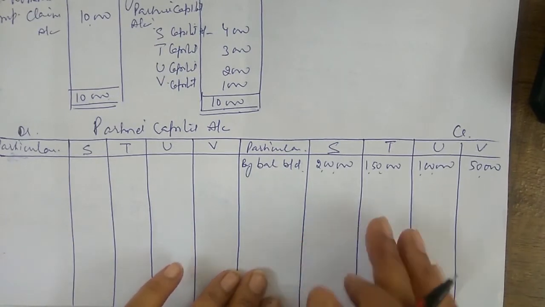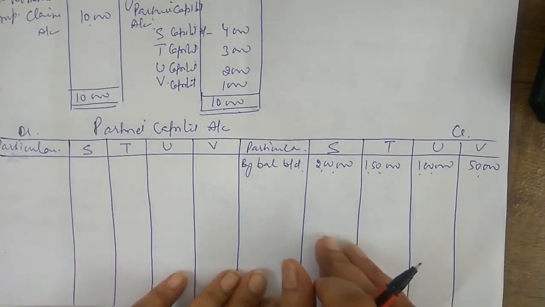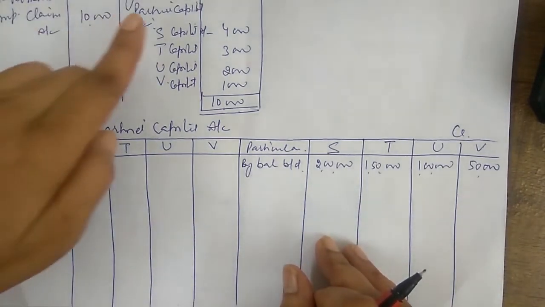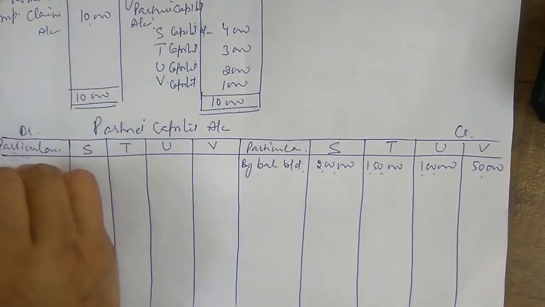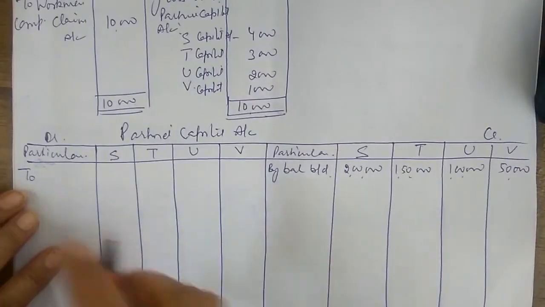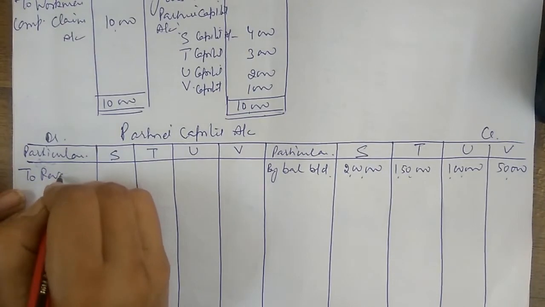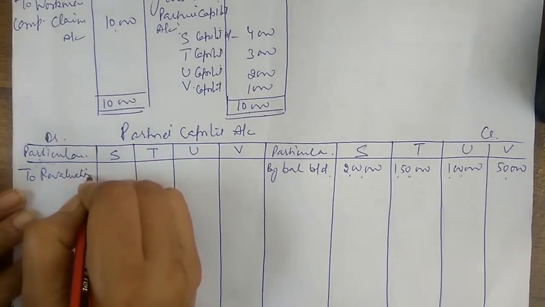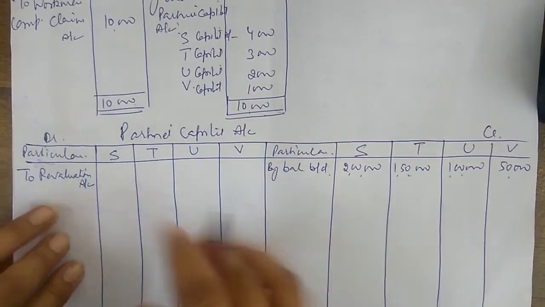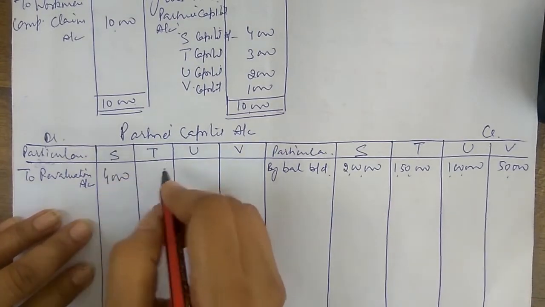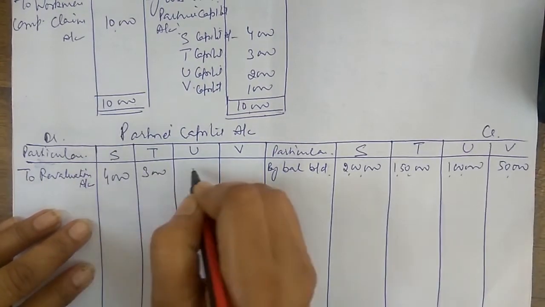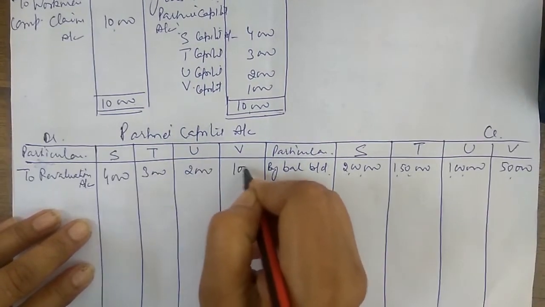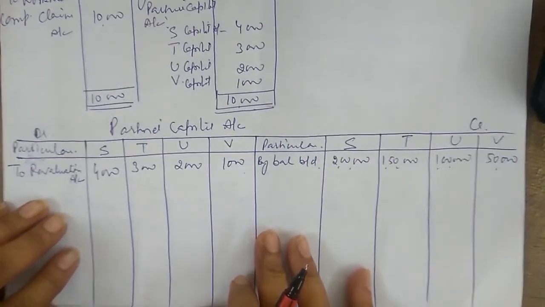Clear बच्चे? This is given. Now next we will see कि what is the result of revaluation account. This is loss. When there is a loss to the partner, we need to put on debit side. You will write to revaluation account, that is 4,000, 3,000, 2,000 and 1,000. Loss we have put in.